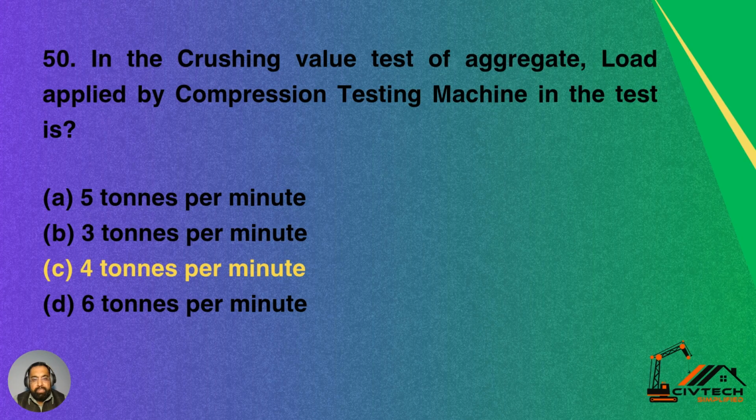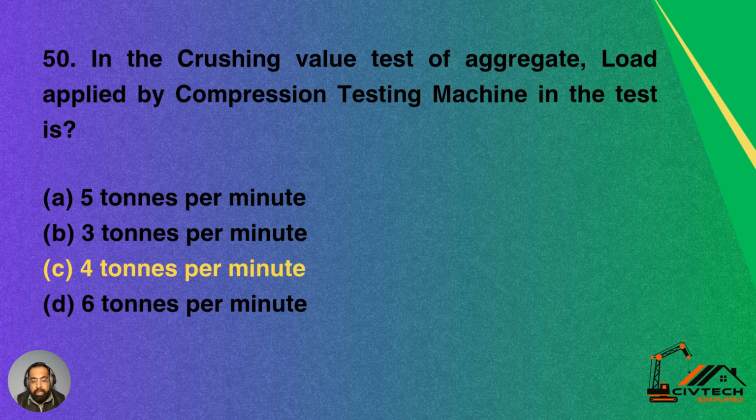Question 50 and the last question for today's part. In the crushing value test of aggregate, how much load is applied by the compression testing machine during the test? Option A 5 tons per minute, option B 3 tons per minute, option C 4 tons per minute, option D 6 tons per minute.